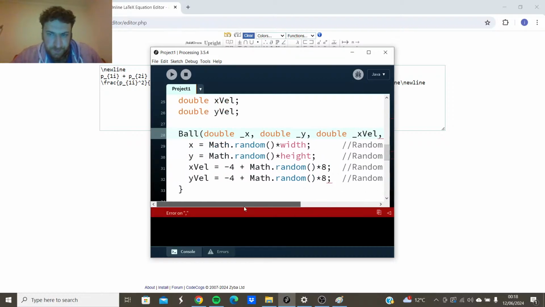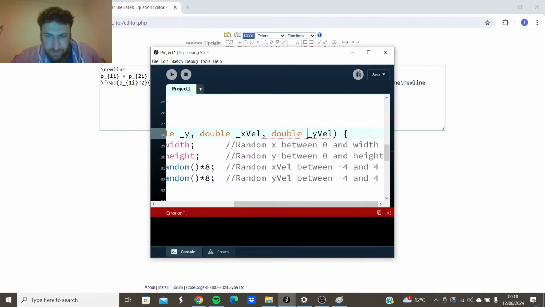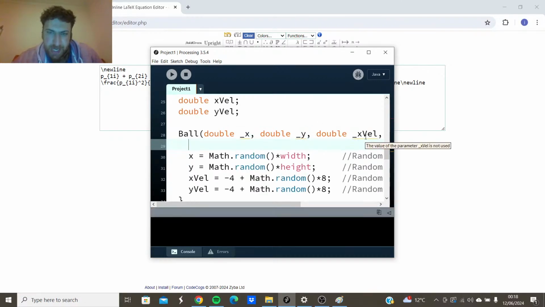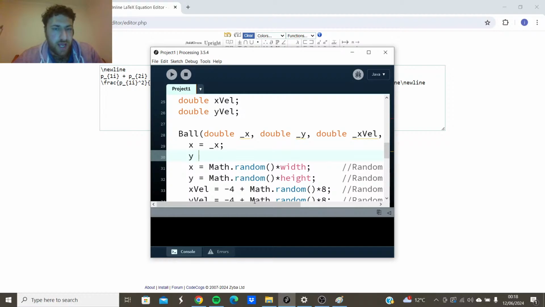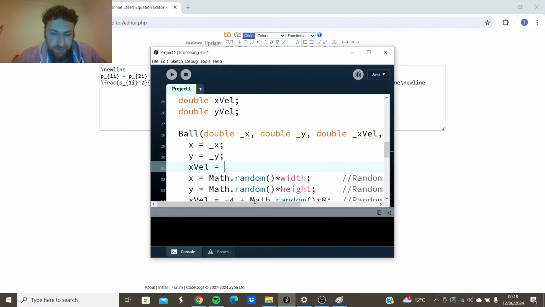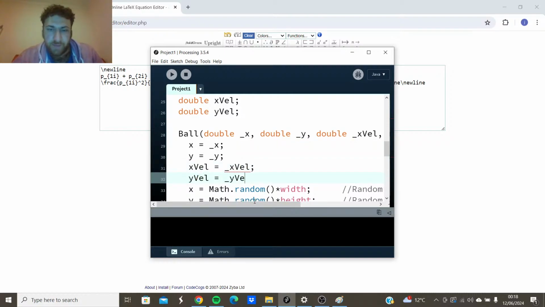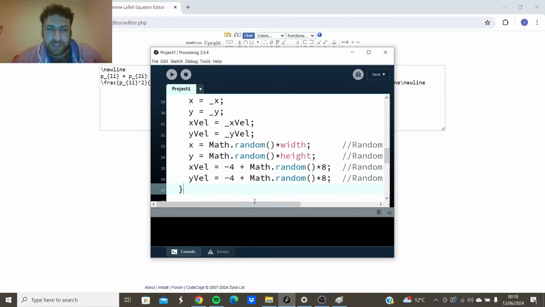Then in here, we are going to just say x equals _x, y equals _y, xVal equals _xVal, and yVal equals _yVal. We're just going to pass the parameters straight from the arguments into the variables.